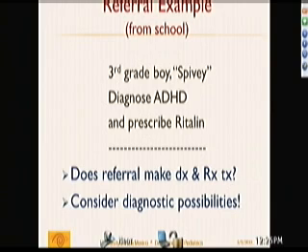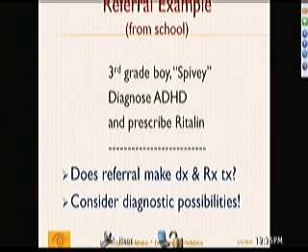For example, a school may contact a parent about their third grade son. And the school may even ask for an evaluation of ADHD, asking the pediatrician to diagnose ADHD and prescribe Ritalin.